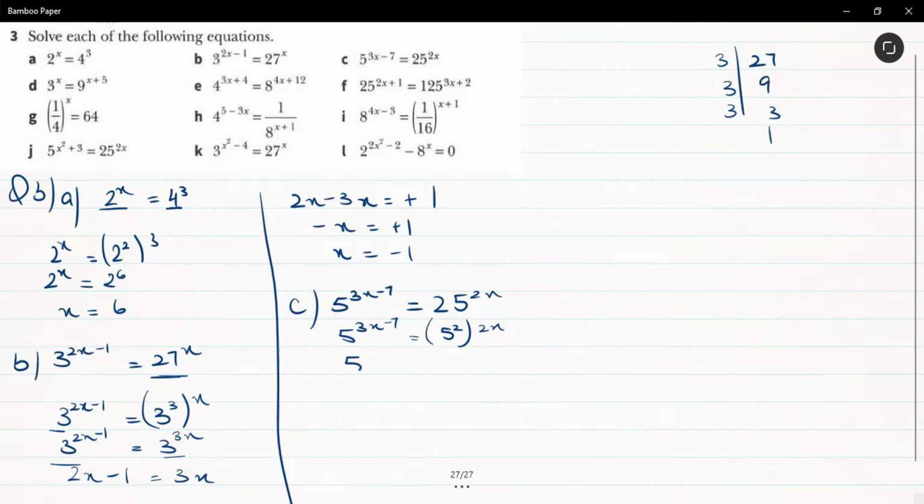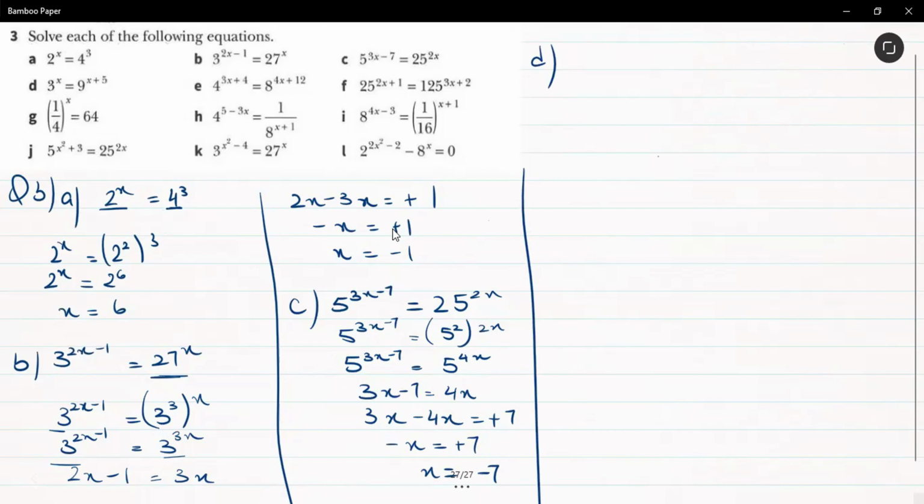So 5 to the power 3x minus 7 is equal to 5 to the power 4x. So we get 3x minus 7 is equal to 4x, and 3x minus 4x is equal to positive 7. That is, negative x is equal to positive 7, so x is equal to negative 7. That's our answer for part C.